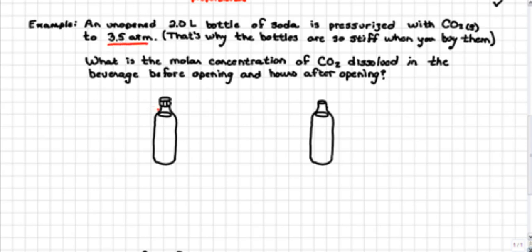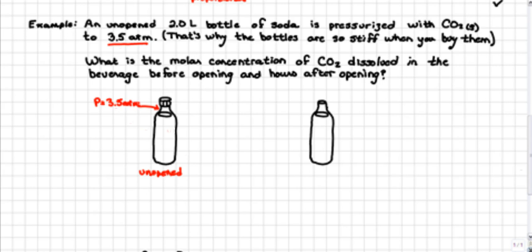In the picture down below, I have an unopened bottle, and I'm going to draw an arrow to indicate that the pressure of the gas in that little space above the liquid is equal to 3.5 atmospheres. That's the pressure of the carbon dioxide that's present in that space right above the liquid.